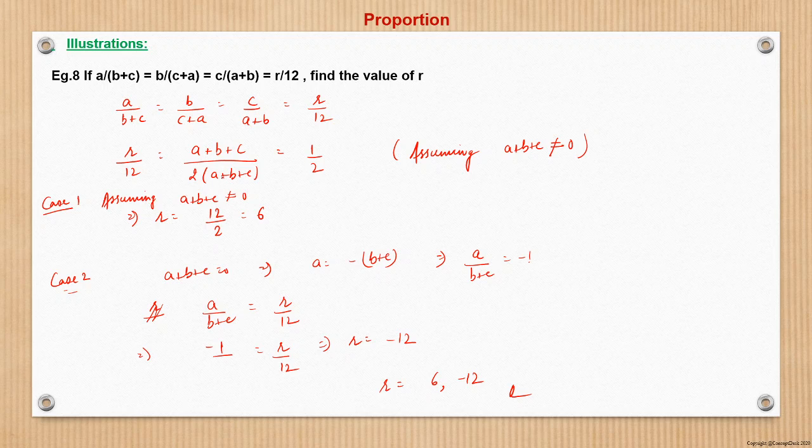Now, the tendency is to cancel the numerator and denominator, but they can only be cancelled if a plus b plus c is not equal to 0. If it is equal to 0, we cannot cancel out; it becomes an indeterminate thing. So therefore, we will break this into two parts.